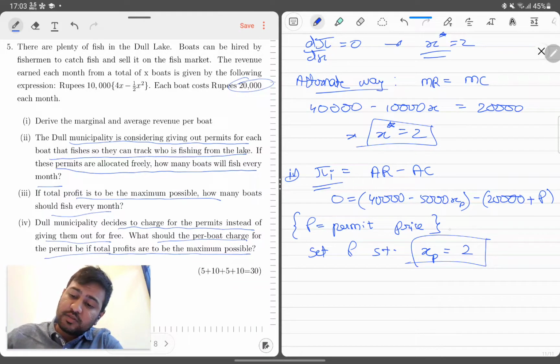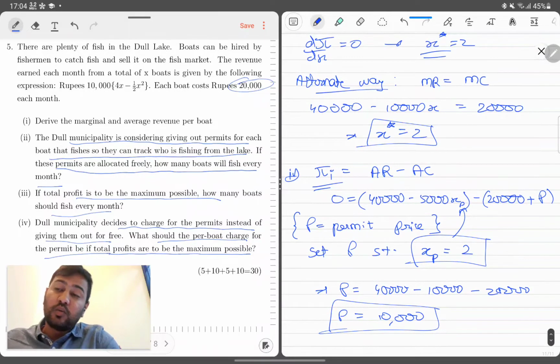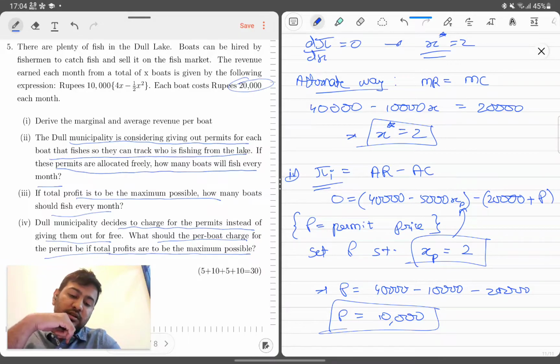When you substitute xP equals 2 here, what we get is P must be equal to 40,000 minus 10,000 minus 20,000, which is equal to 10,000. So setting the permit price equal to 10,000 will ensure that only 2 boats come into the picture, so that the overall profits reach the maximum possible.